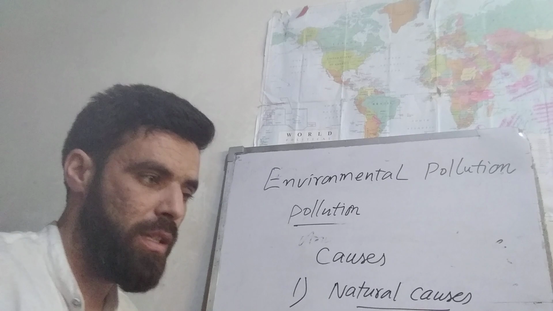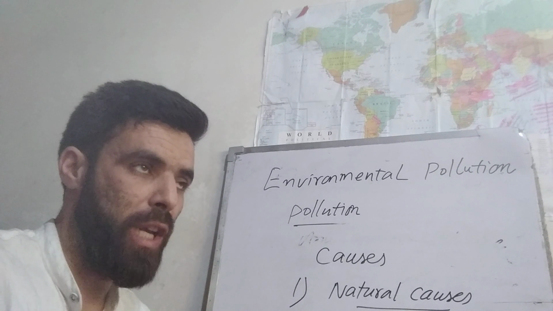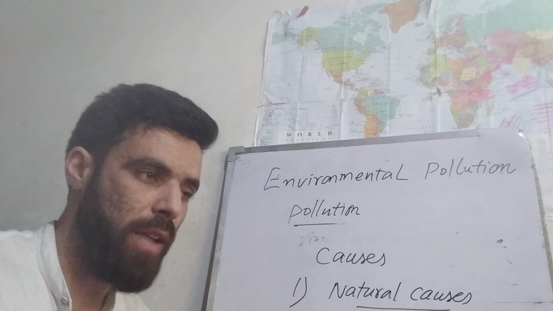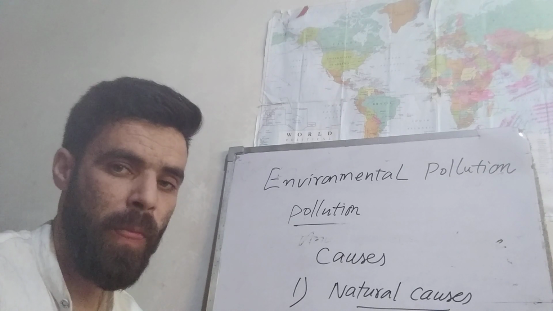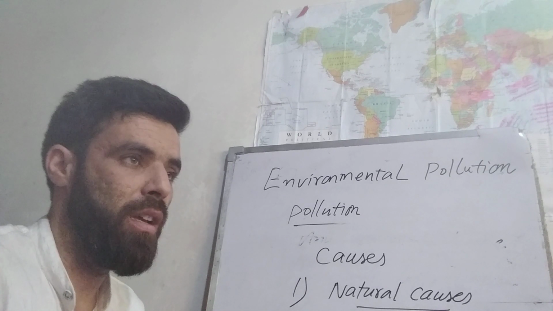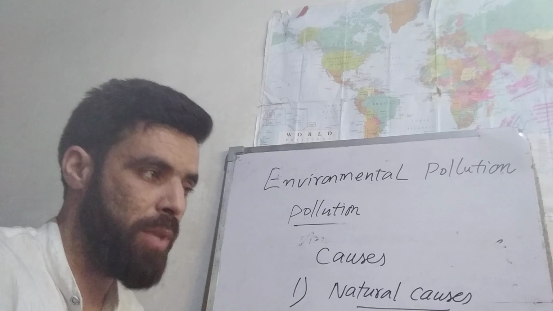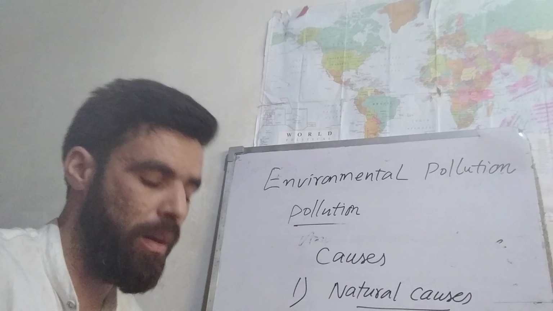These are such causes जिसकी help से environment में pollution होती है, वो natural causes है. Natural causes में mostly हम देखते हैं जो कुदरती तौर पर एक्टिविटीज़ होती है. Sometimes it's raining, sometimes winds come, उसकी वजह से sometimes you see floods are coming.